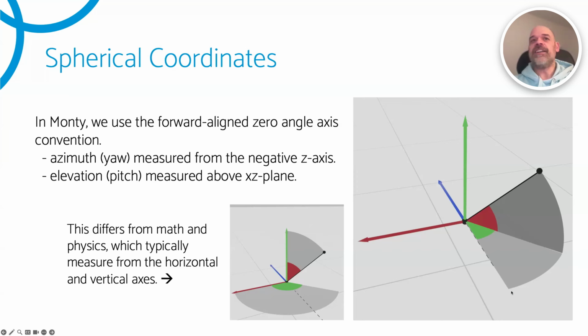So this is called the forward aligned zero angle axis convention. That means the azimuthal coordinate and the, I'm not going to say polar coordinate, because by context that usually means coming down from the vertical axis. Usually they call it elevation.